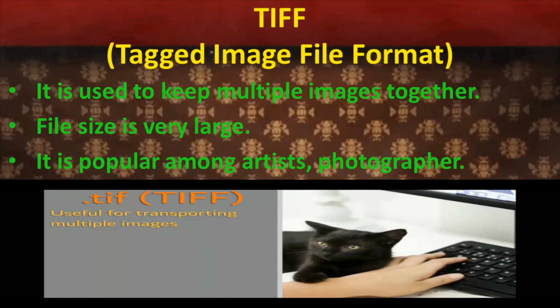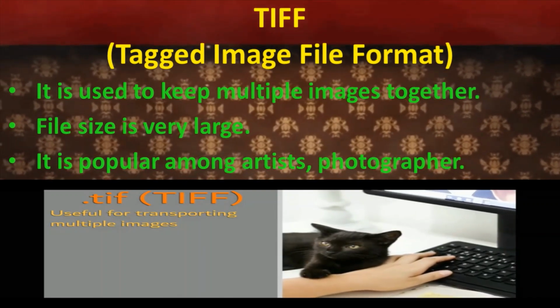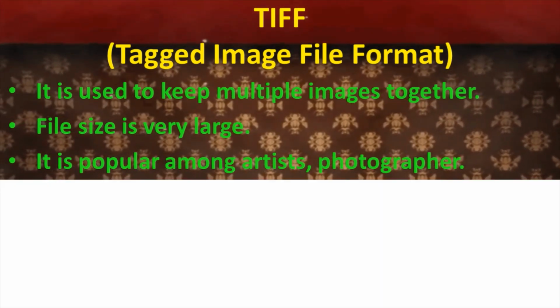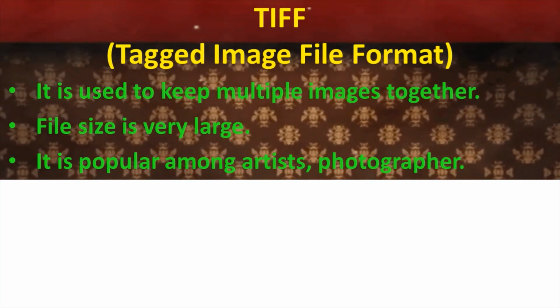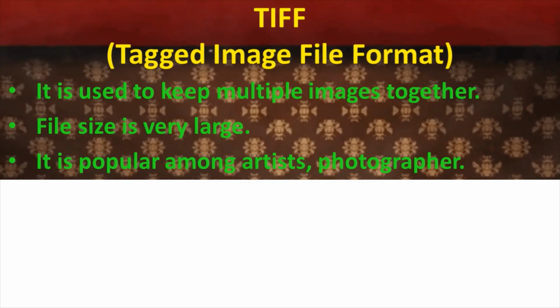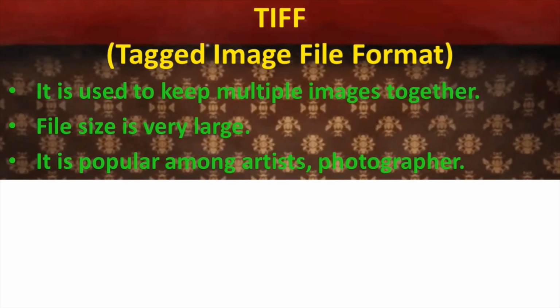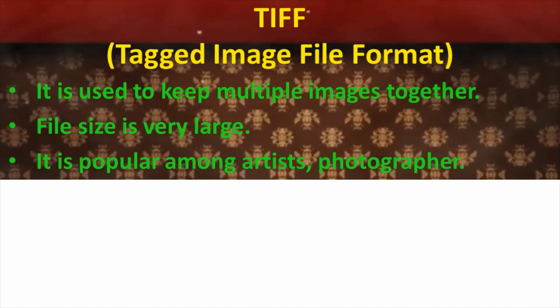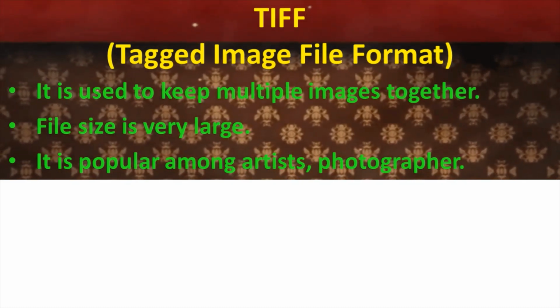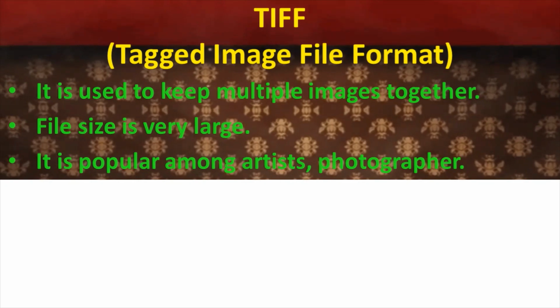So when we store multiple files together, the file size will automatically increase. So who will use this image format? This image format is popular among artists and photographers, those who want to share multiple files together.